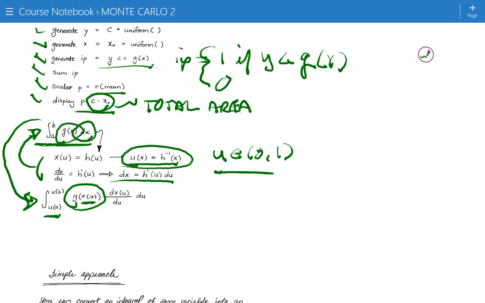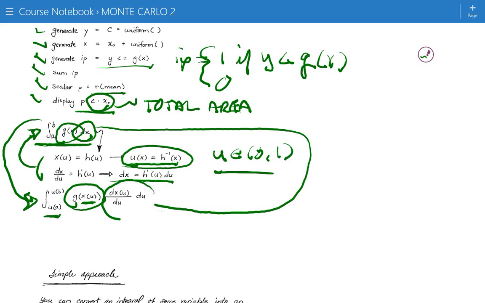And my dx, come all the way around, is dx du times du. Which means that now I have, you can think of it as, a new function. This whole part here is some new function of u, du with an integral.